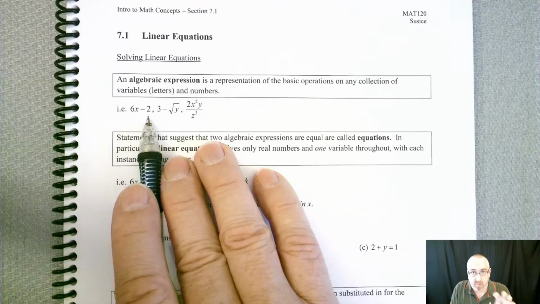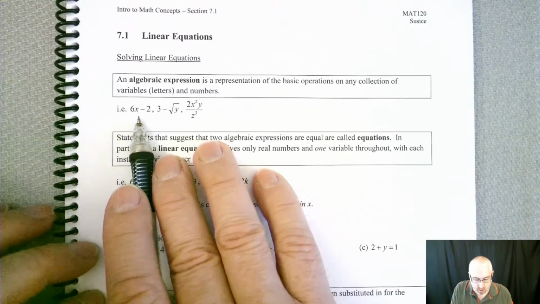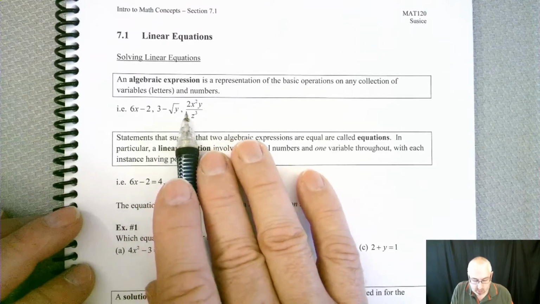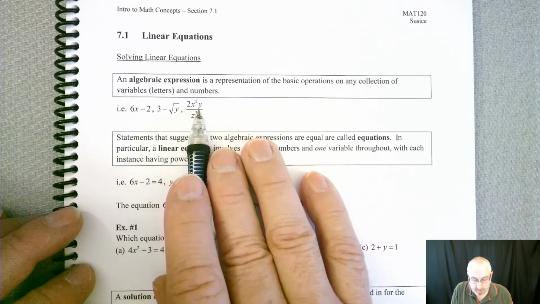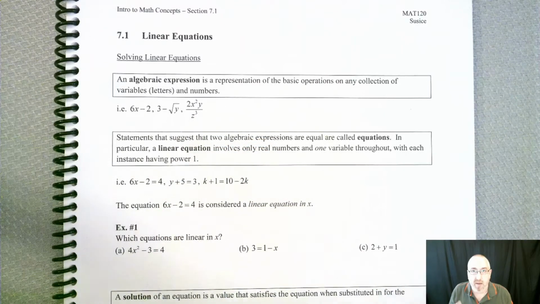So we have two different operations in there, and we have some letters in there which are called variables. 3 minus the square root of y, 2x to the second power times y, all over z to the third power. So we could have all kinds of different expressions, but what makes it into an equation is when we slap an equal sign in there.